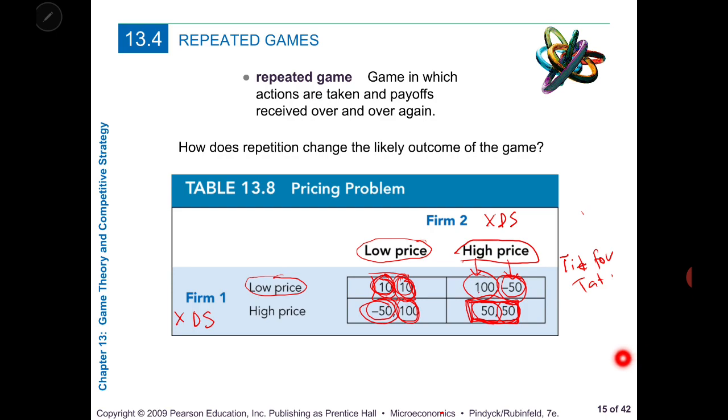Similarly, if you start from this low price and then suddenly firm 1 wants to charge high price, firm 1 will lose negative 50, and firm 2 will gain more and gets 100 million profit.